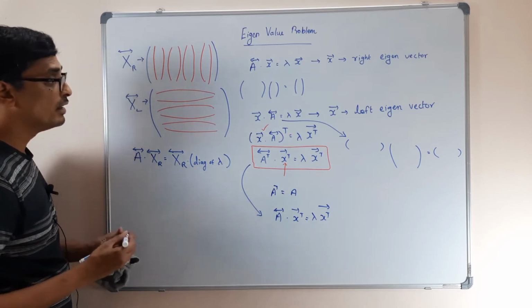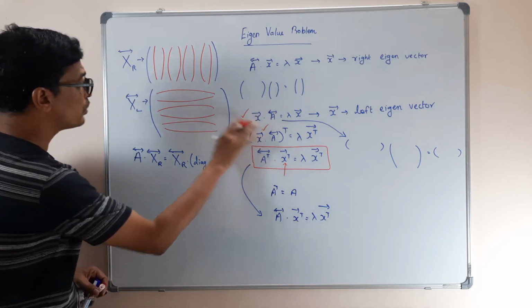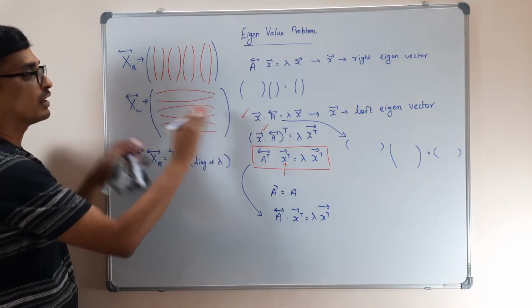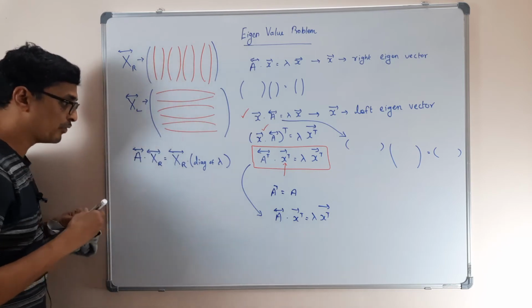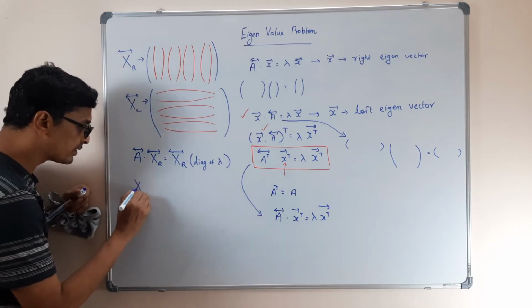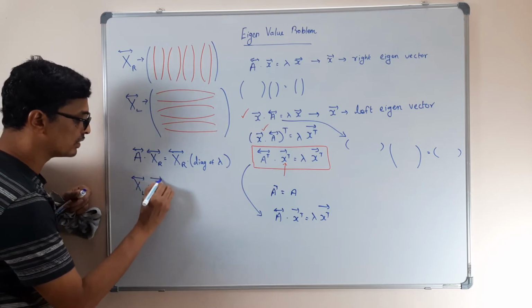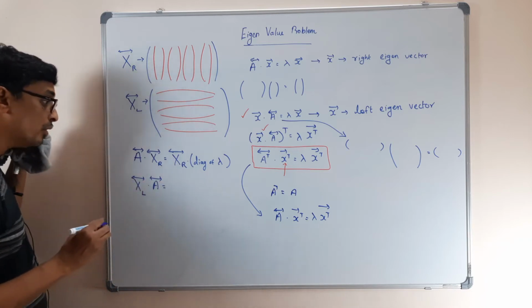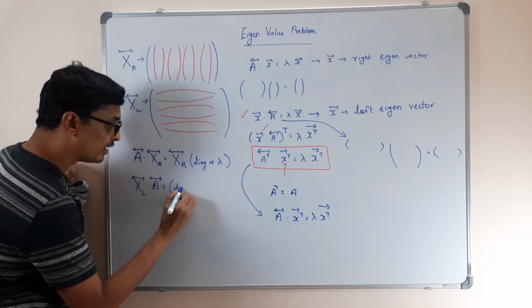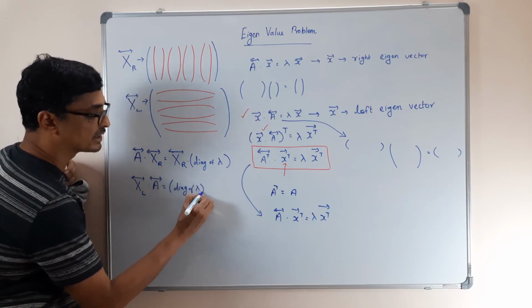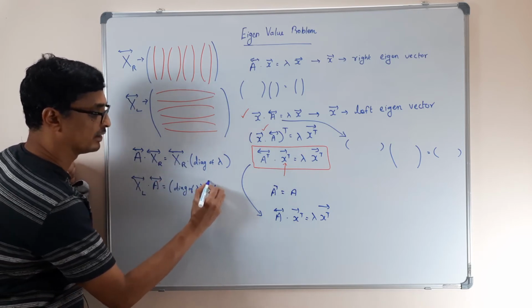And similarly, we can do it for the left eigenvalue problem also. For this problem, instead of one vector, if I want to give the collection of these left eigenvectors, then this problem will be XL dot A will be equal to a diagonal matrix of only the eigenvalues, lambdas, into your XL.